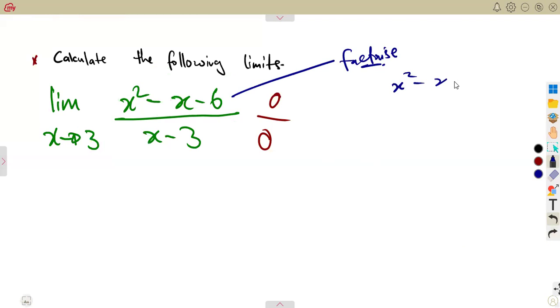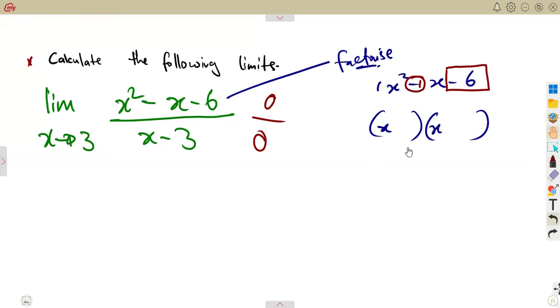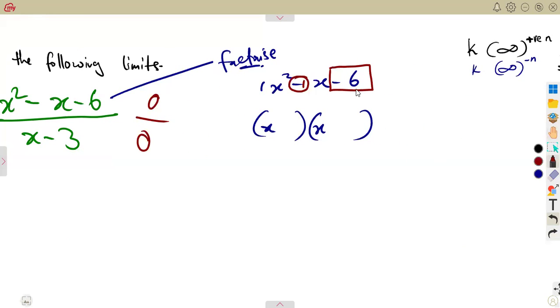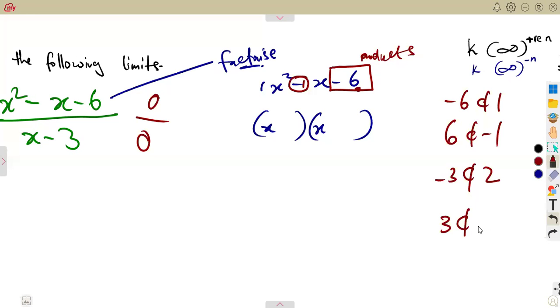x squared minus x minus 6. Remember, from your factorization, you're going to have x and x here. Consider the factors of -6, the products that, when you add, you must obtain a -1. There are so many numbers that you multiply to get a -6: -6 and 1, 6 and -1, -3 and 2, 3 and -2.